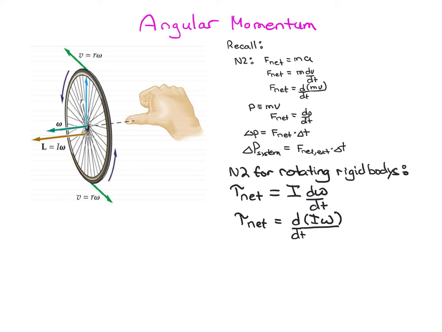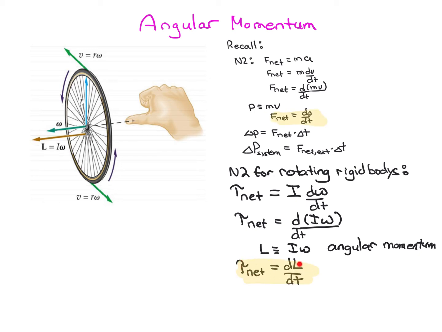We can now define this product I times omega, and call that the angular momentum of the object. We use the letter L to denote the angular momentum. So we have that the net torque is equal to the time derivative, dL/dt.